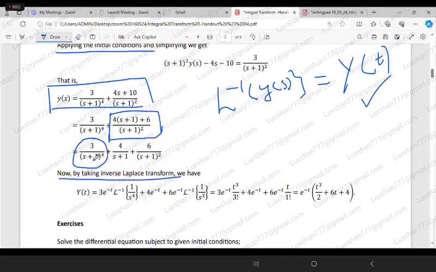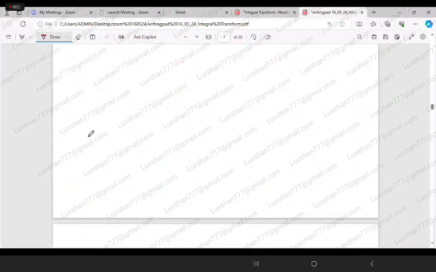Okay, so what is the inverse Laplace transform of 3 over (s plus 1) whole to the power 4?